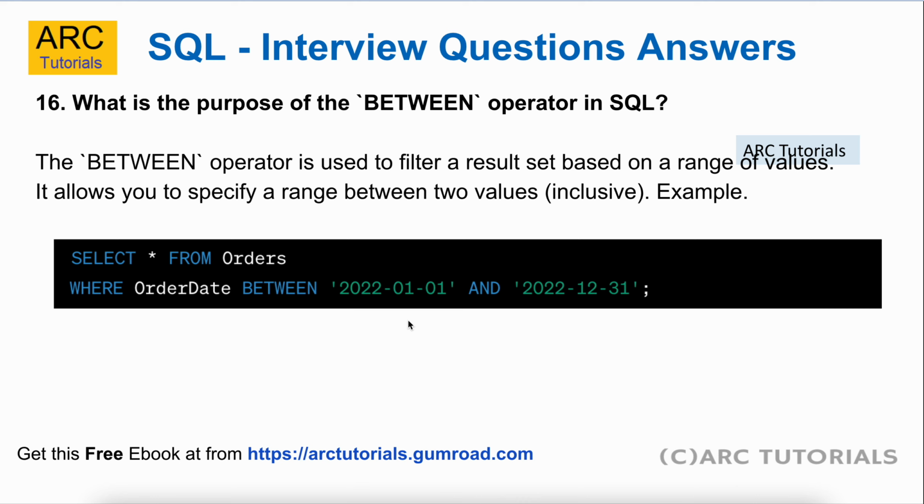What is the purpose of between operator in SQL? The between operator is used to filter a result set based on a range of values. It allows you to specify a range between two values. You can say select star from table where order date between the start value and the end value.